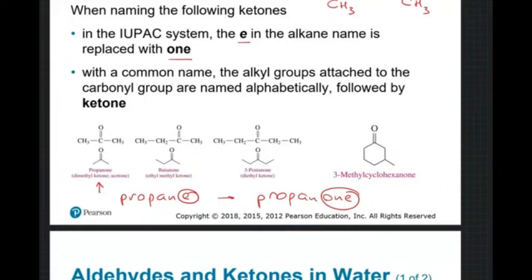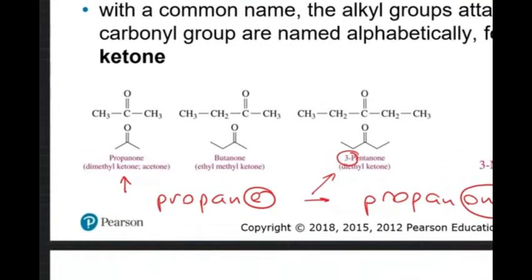Now, when you start seeing differences in the position of the carbonyl group, you have to add the number that would show you at which carbon the group is. So for instance, how many carbons are in this molecule? 5. So pent. Does that make sense?